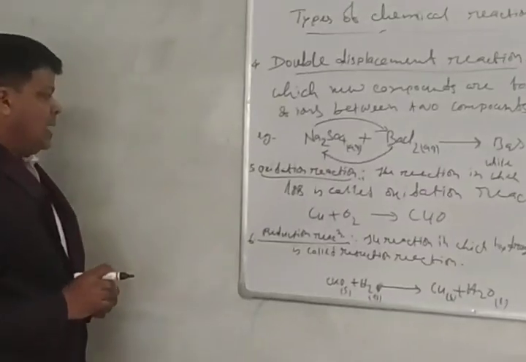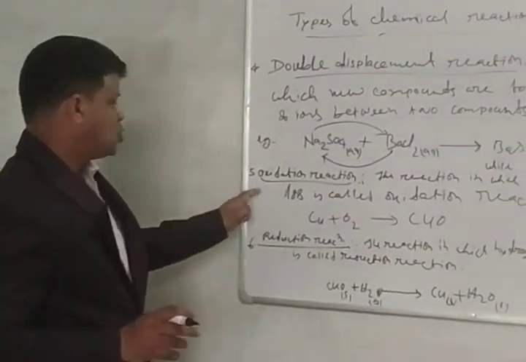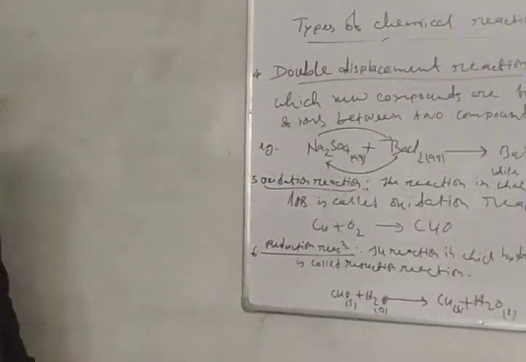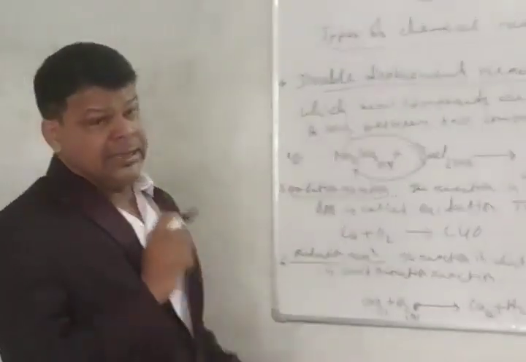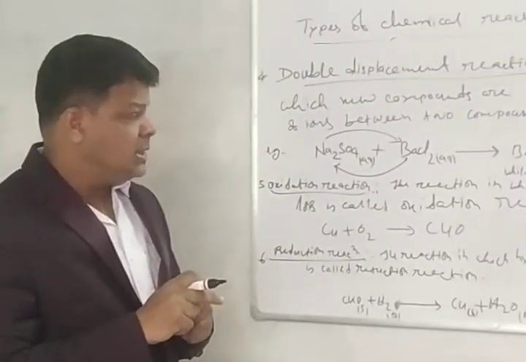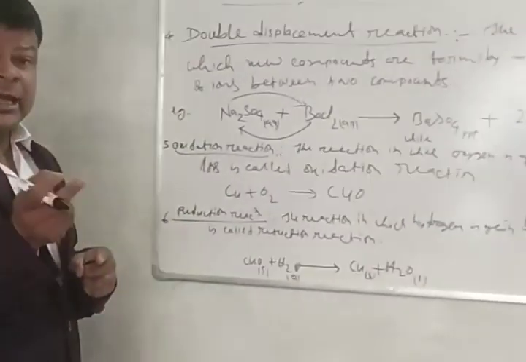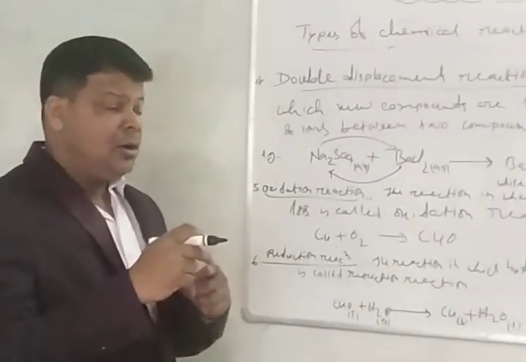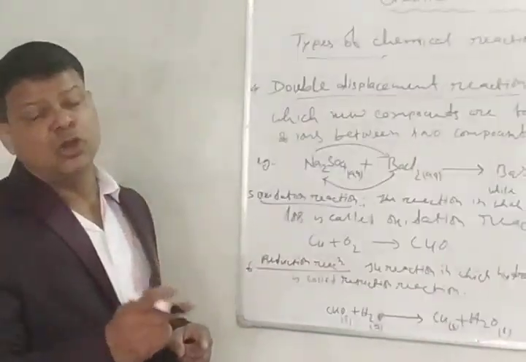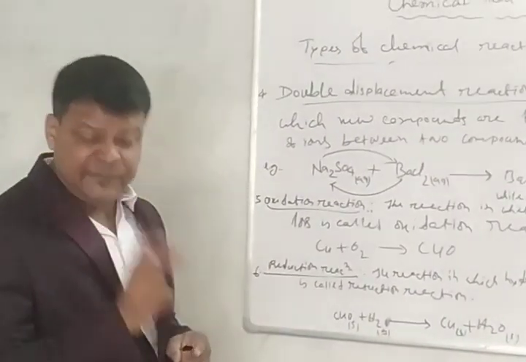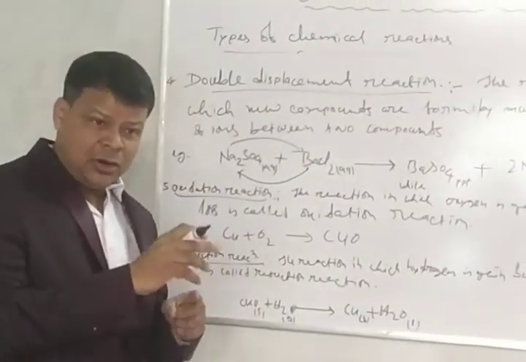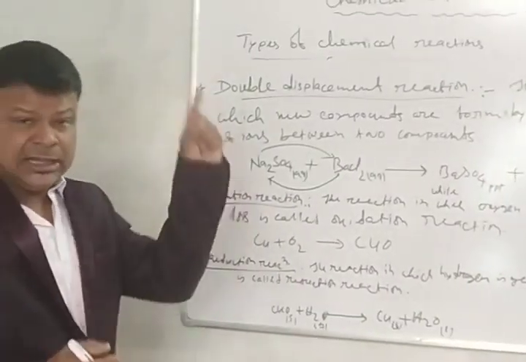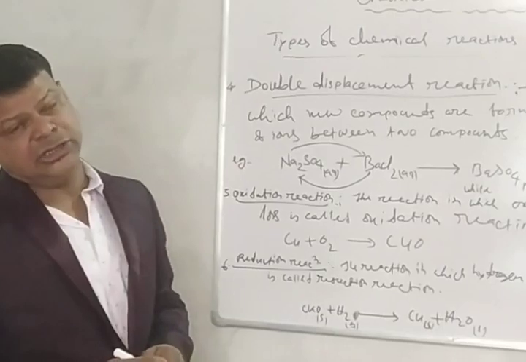Next type of reactions are oxidation and reduction reactions. So what is oxidation reaction? The reaction in which oxygen is gained or hydrogen is lost. That means if in a reaction oxygen is gained or hydrogen is lost, that reaction is called oxidation reaction.